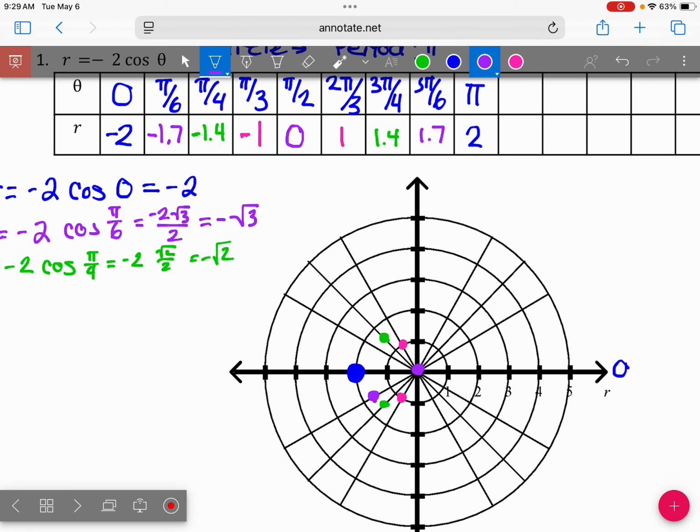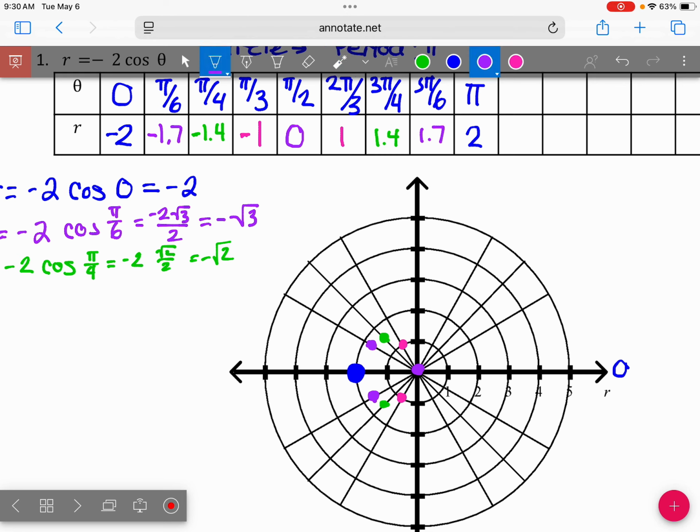And then our 5 pi over 6 at 1.7 is right about there. And then when we're at pi, we're right back here. So it loops. And if I kept going, if I did my next piece, that 7 pi over 6, it would line up exactly with this guy. They would loop back around.